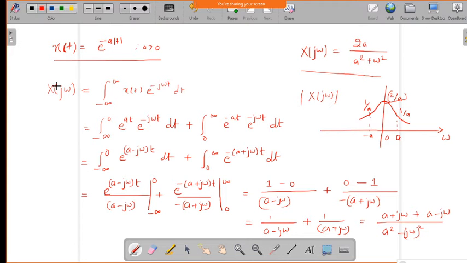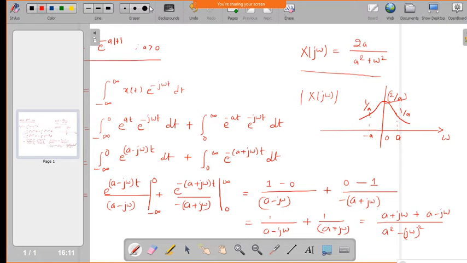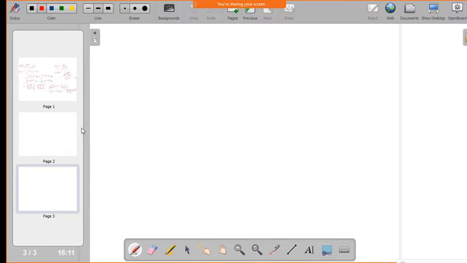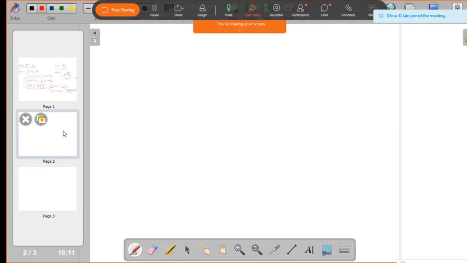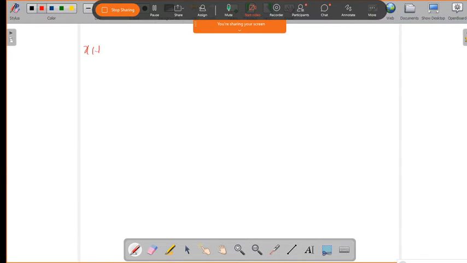So now you try to find out another one. Try to find the Fourier transform of delta of t.